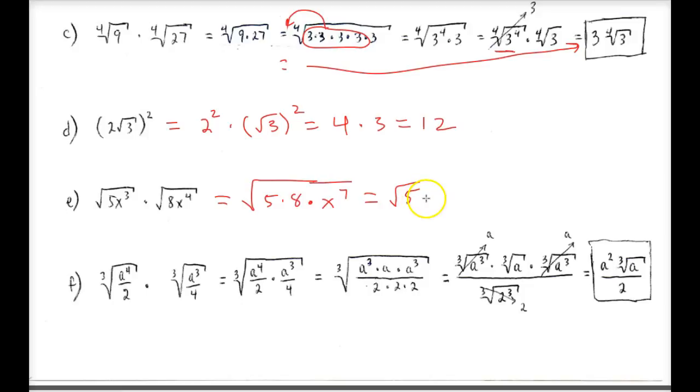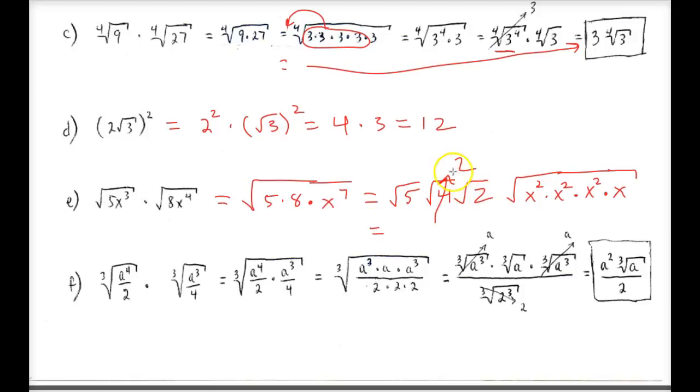We know 8 could be the same as square root of 4 times square root of 2. And x to the 7th, if we take the square root, we have x squared and another x squared and another x squared, and then just x, okay? And of course, square root of 4 is just 2.